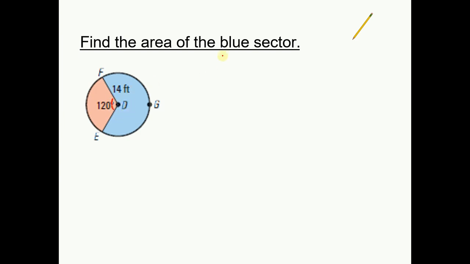Well, if this is 360 altogether, that'd be 360 minus 120. I'll get 240, so 240 degrees is this piece right here. So I can go 240 over 360 equals, and then it was sector area, that's what we want to find, over the area of my full circle.